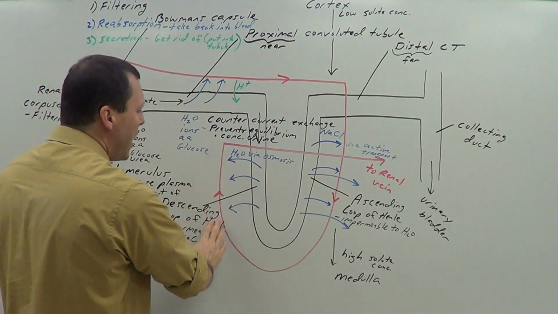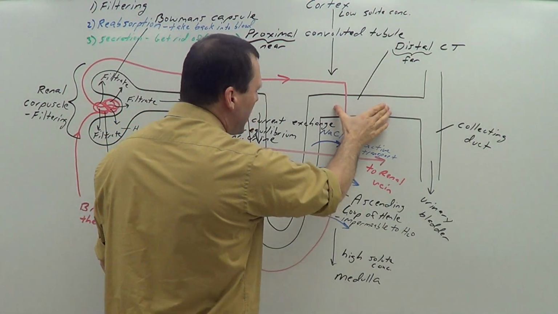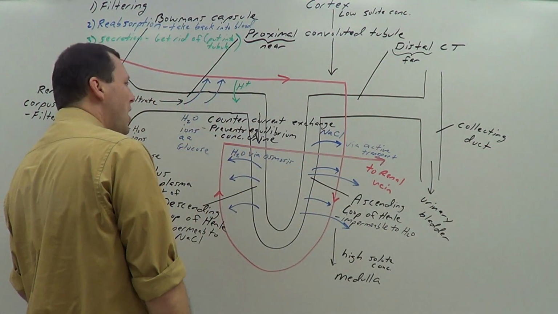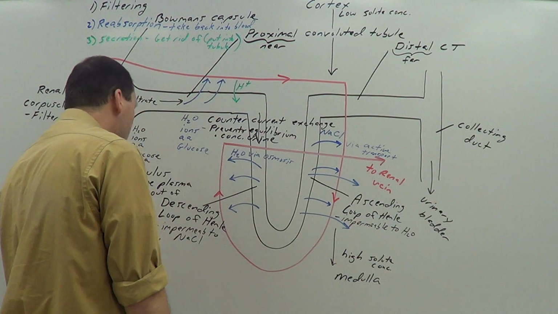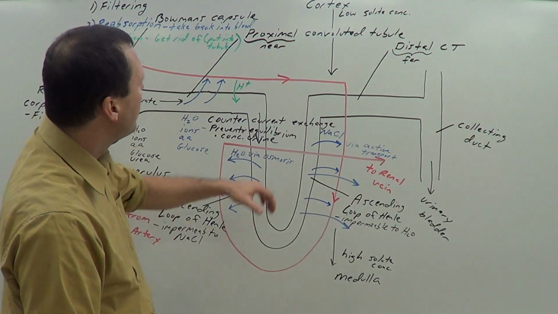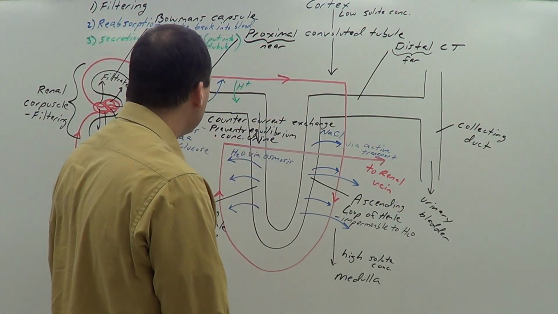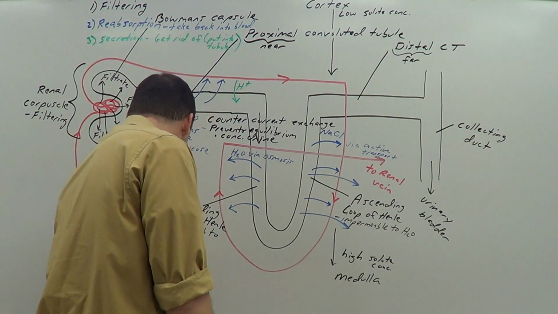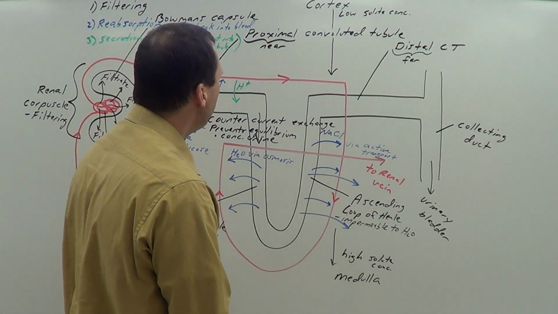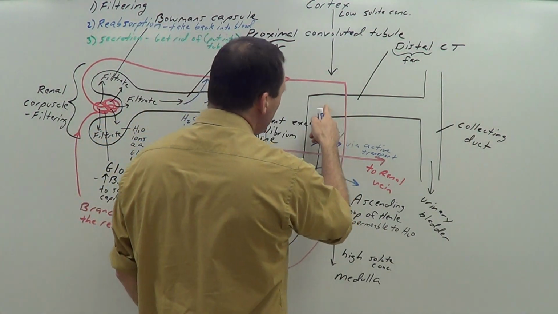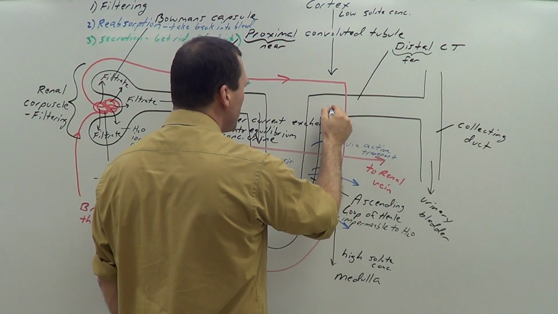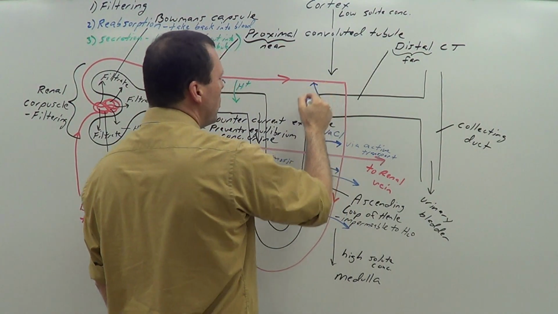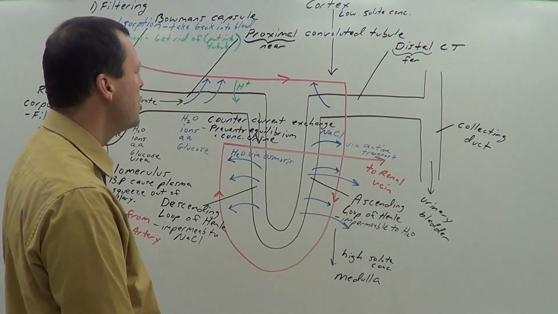Now, let's go ahead and move up to the distal convoluted tubule. A couple things are going to happen here. First of all, we're going to reabsorb some calcium. So let's show some calcium coming out of this distal convoluted tubule and going into that blood. So that's reabsorption taking place there.